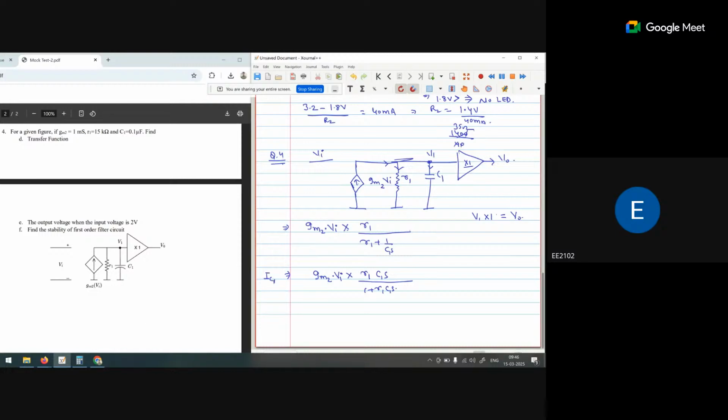IC1. Now, with respect to this IC1, if I calculate the V1, V1 is nothing but IC1 multiplied by the impedance of the capacitor, 1 by C1s. So if I put this in, it becomes Gm2 times Vi into R1 upon 1 plus R1 C1s.